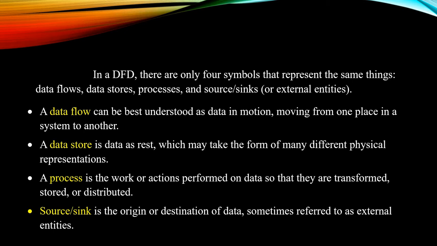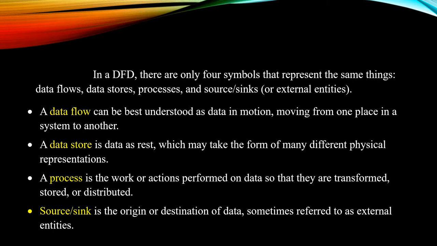There are only four symbols that represent DFD. That is, we have data flow, data stores, process, and the source or things, which is also known as external entities. A data flow can be best understood as data in motion, which moves from one place to another in a system.